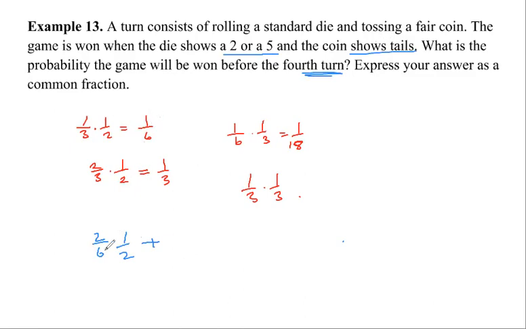So we have winning as 1/6, which means we lose with 5/6. Then we have to win the second one instead of the first one, so that is 1/6, and we multiply this. And on the third turn, if I'm going to win, I lose on the first two, which is 5/6 and 5/6, and I need to win on the third one. This is basically what we have. Does that make sense?